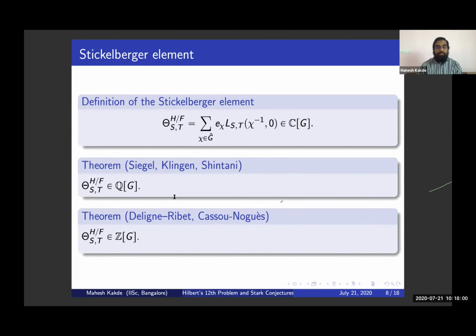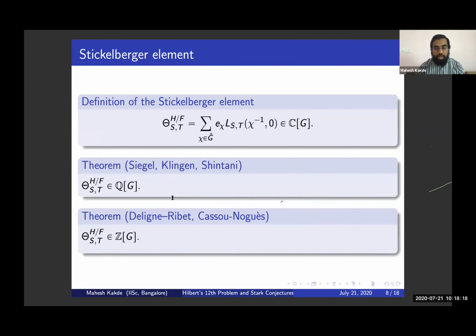The T is needed for the next theorem, which is a refinement of the first theorem, proven independently by Deligne-Ribet and Cassou-Noguès. It says that this theta_{S,T}, so T is important here, is actually an element in Z[G], not just in Q[G], but it has coefficients in integers.